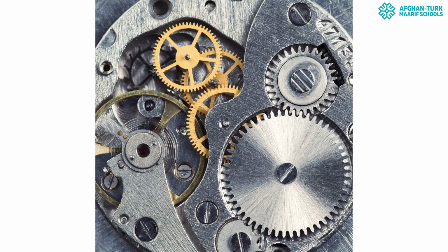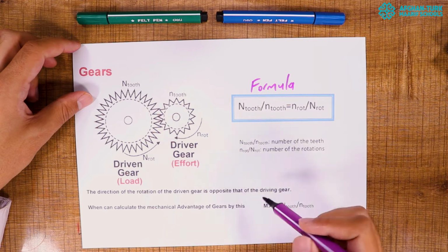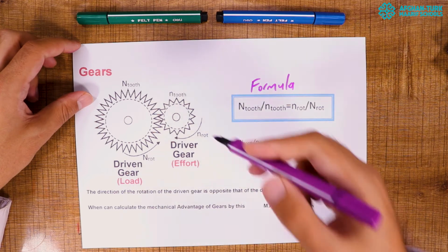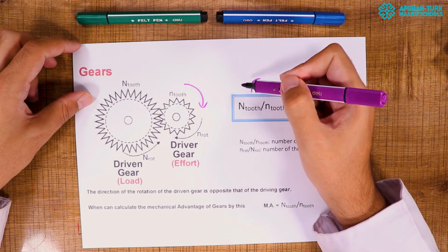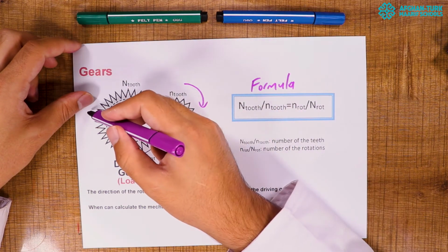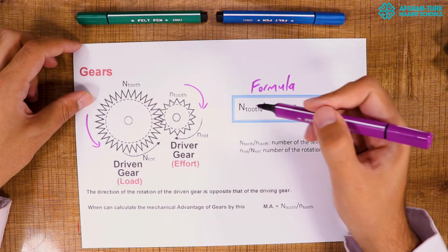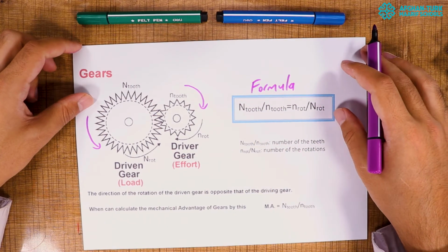With gears, the direction of the rotation of the driven gear is always the opposite. If I rotate the driver gear in this way, that means the bigger gear will rotate the other way.